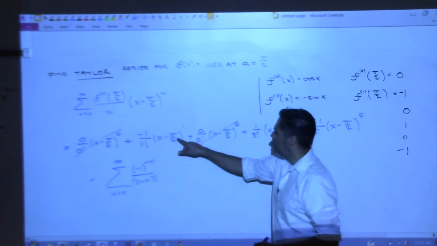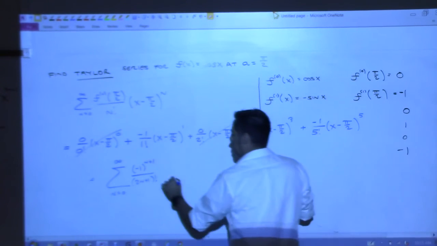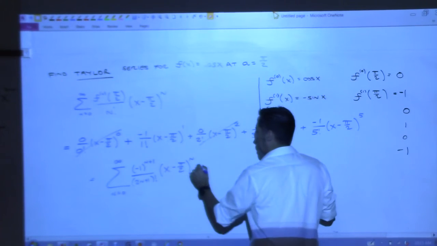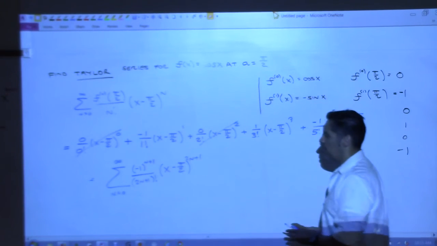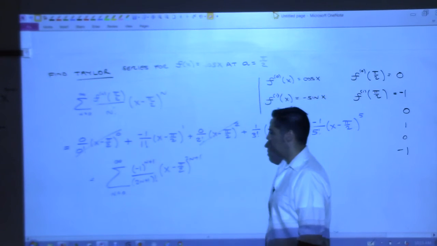And then everything else, this thing to the 1, this thing cubed, this thing to the fifth. So x minus pi over 2 to the 2n plus 1, sorry, it's got to be odd powers. That's the power. This is the Taylor series.